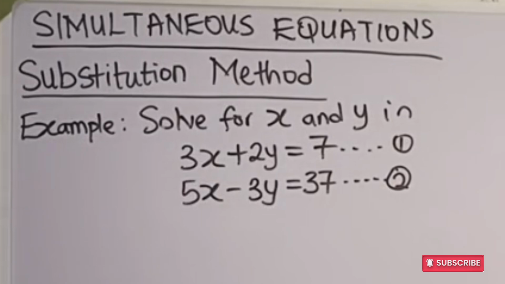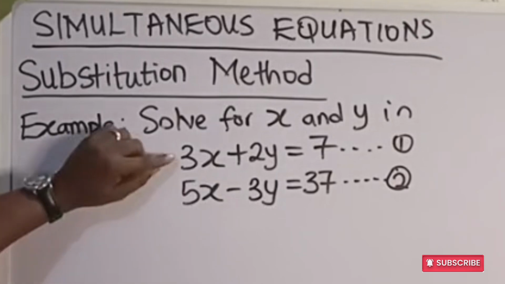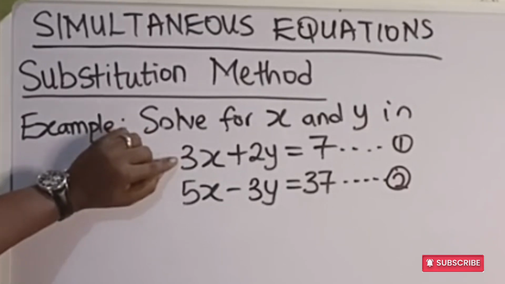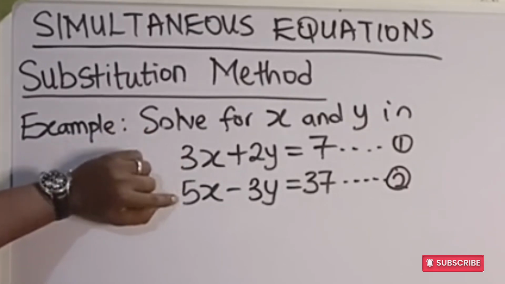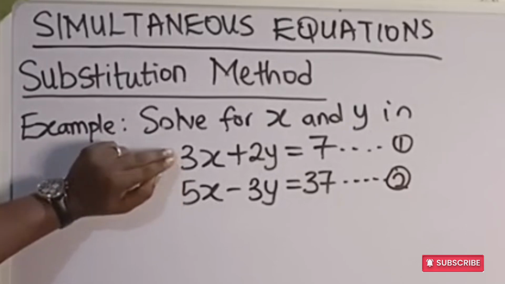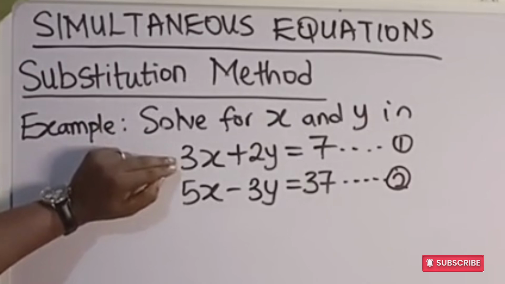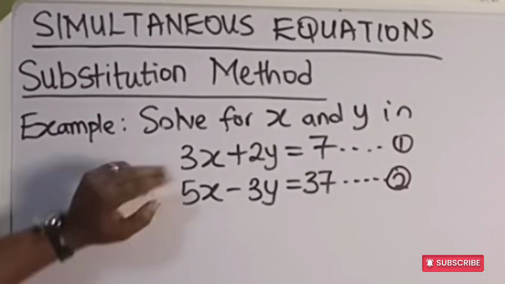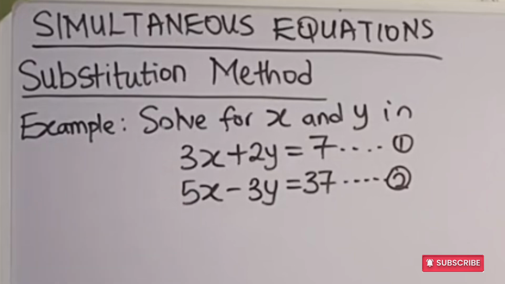But the only rule is, if you make either variable the subject of the formula in equation 1, you have to substitute into equation 2. If you start with equation 2, you have to substitute into equation 1. You cannot start with equation 1 and substitute back into equation 1, and you cannot start with equation 2 and substitute back into equation 2. So that's a very important rule.